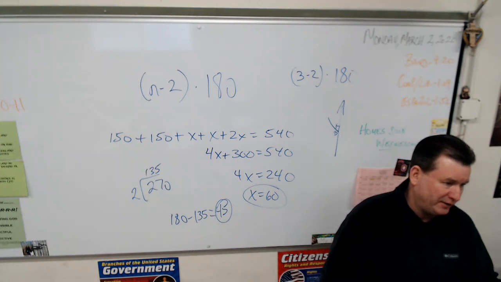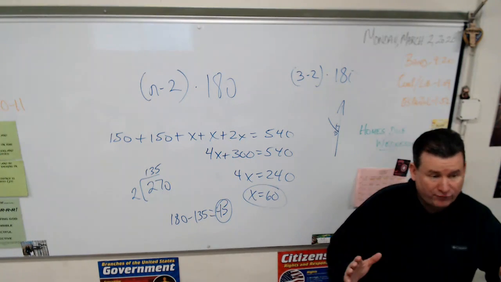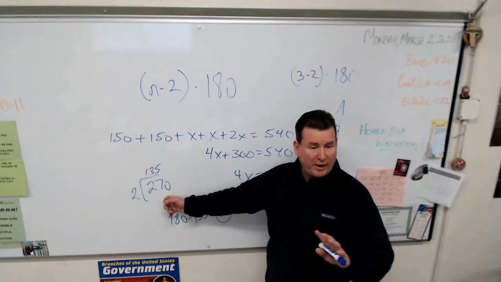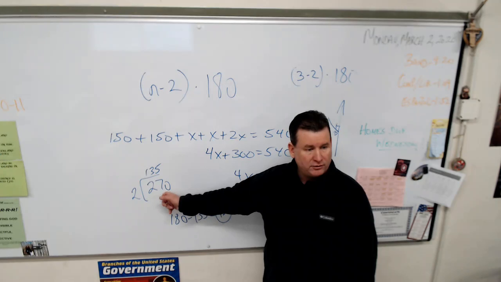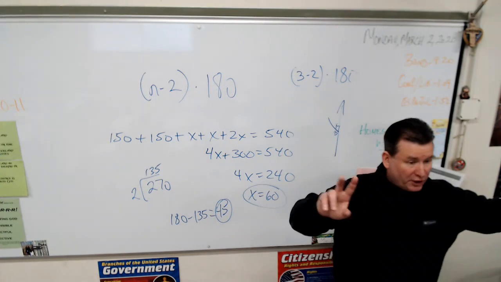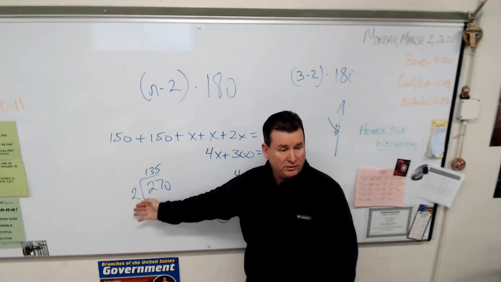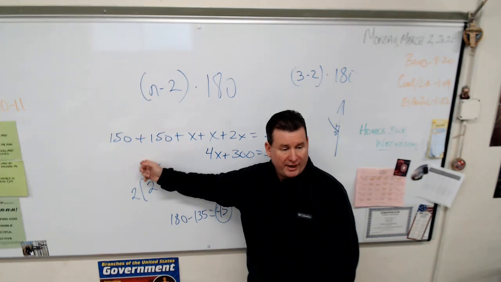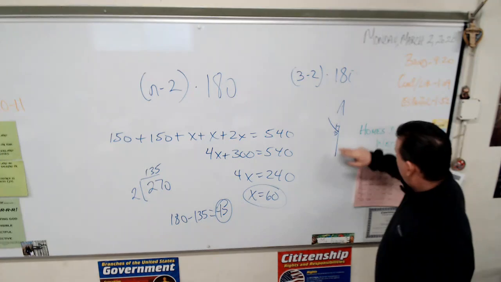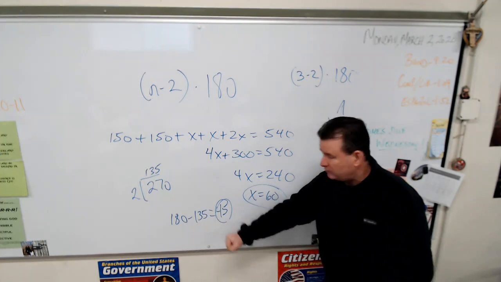If there's 540 total, and you take away the 3 right angles, how many degrees are left? 270. They told you that the 2 angles that are left are the same, so I can divide by 2. That makes angle B 135. How do I know what x is? Rachel said these two form a straight line. So 180 minus 135, 45.